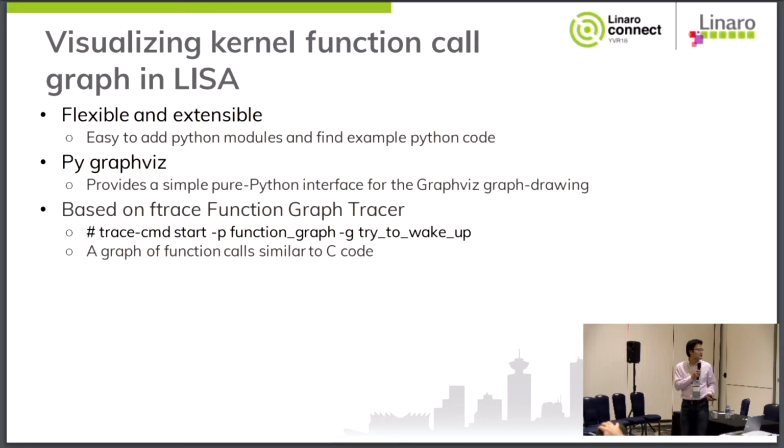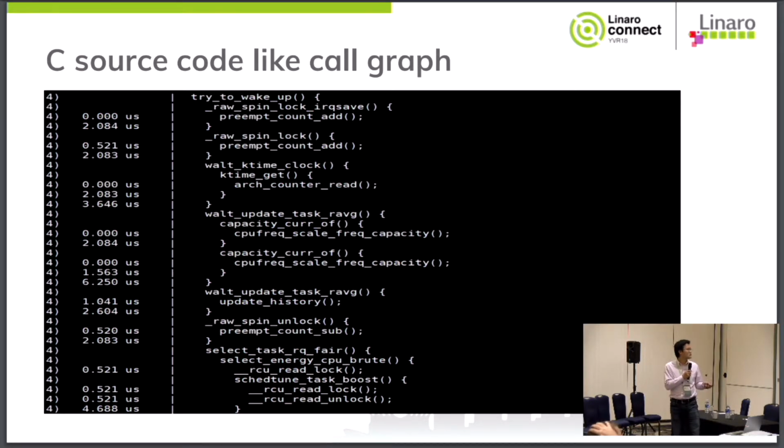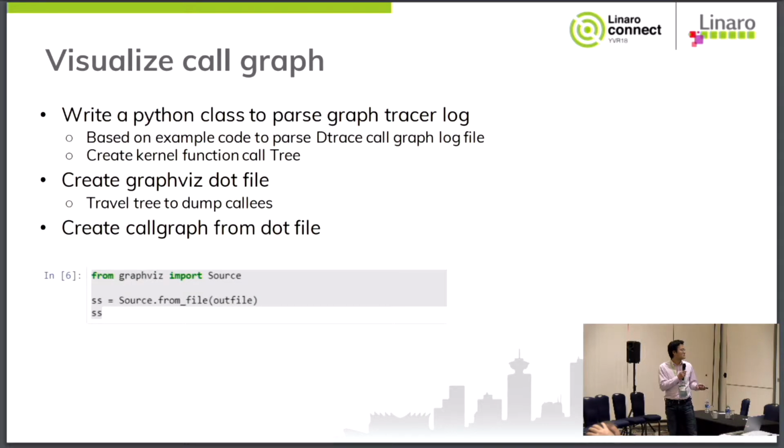Then we can get a C source code like call graph. The first level function is try to wake up, and the callee functions are in a pair of braces. Then next level, and so on. So, to visualize the call graph.